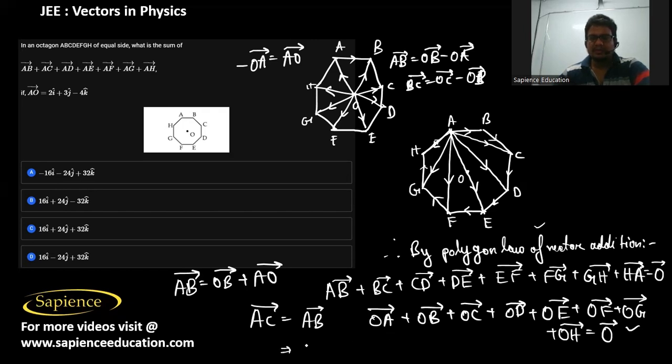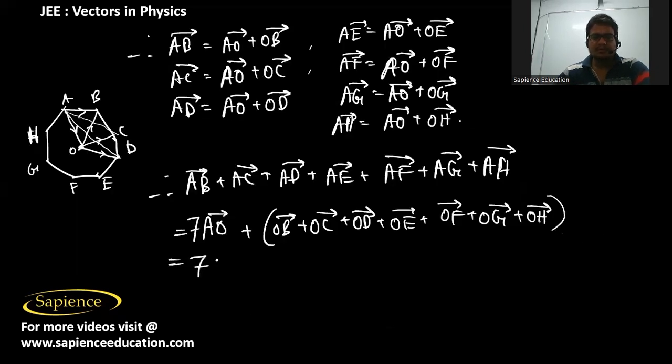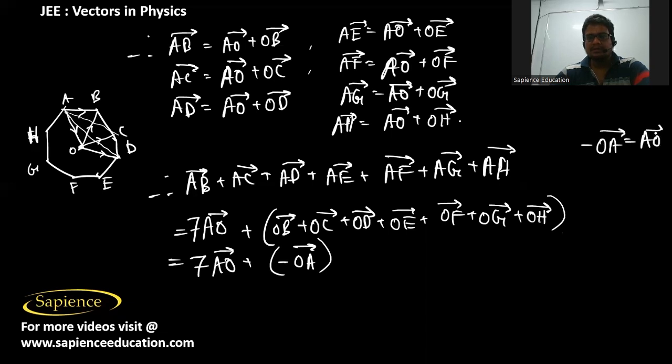So OB vector plus OC vector plus OD vector plus OE vector plus OF vector plus OG vector plus OH vector will be equal to 0 vector minus OA vector, which is minus of OA vector, and that is equal to AO vector also. So this will be 7 AO vector plus AO vector, that is 8 AO vector.